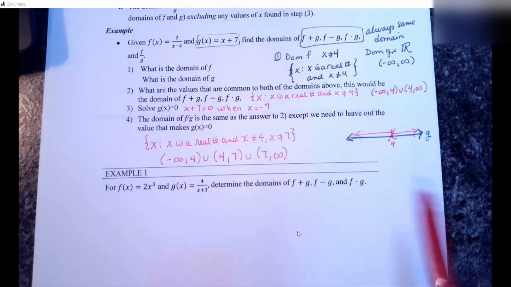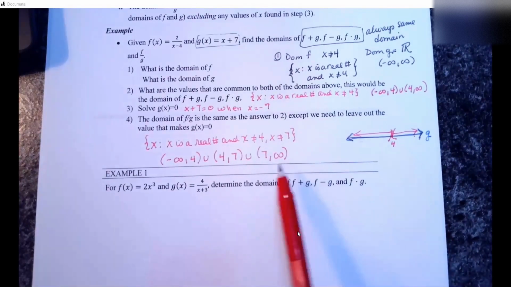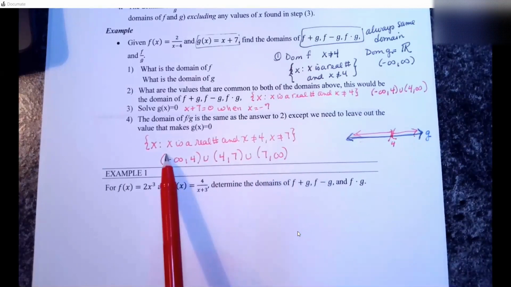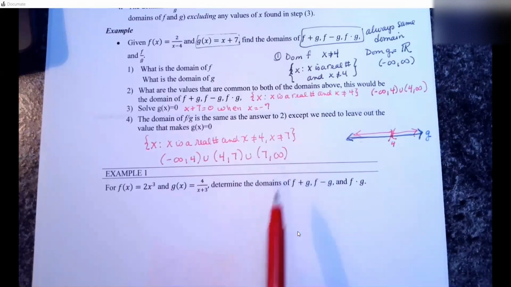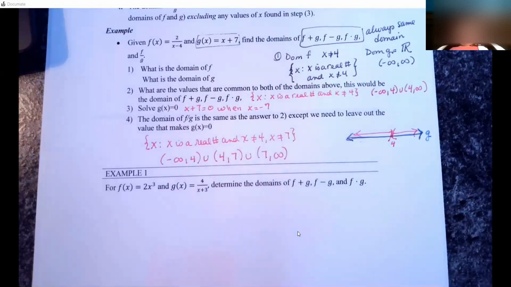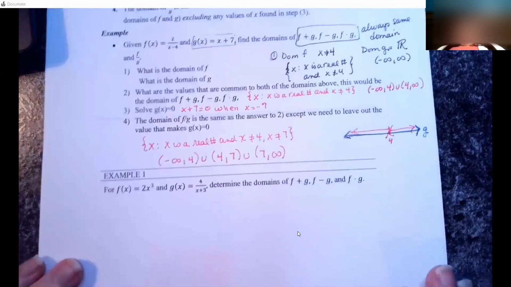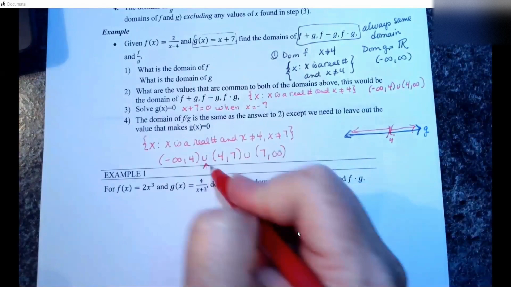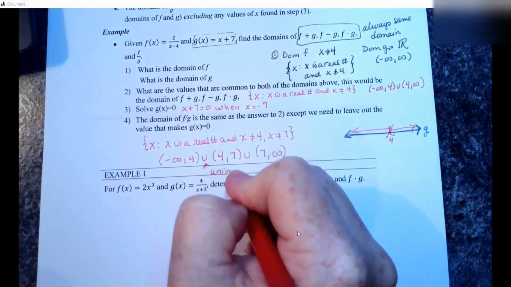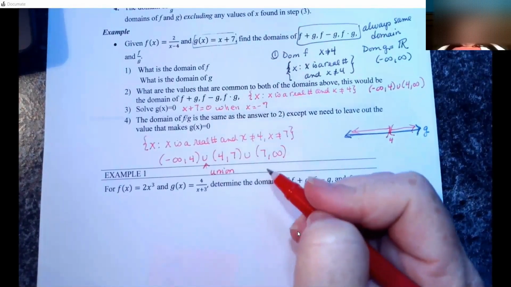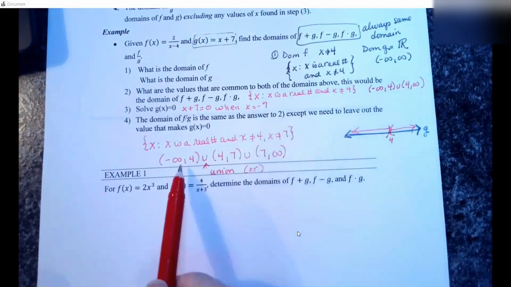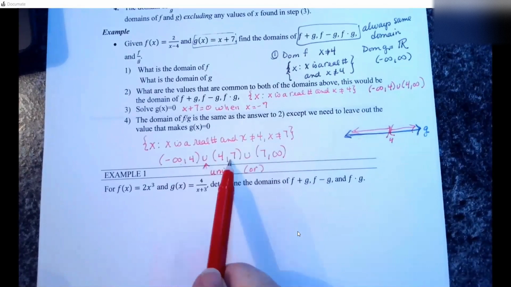We wanted to leave out 4 and 7, so I put parentheses around both 4 and 7. And as far as infinities are concerned, you always have parentheses around the infinities. What is that little U symbol in between the interval notations? That means union. That's kind of the mathematical way to say or. So this means it's either in this set or it's in this set or in this set.